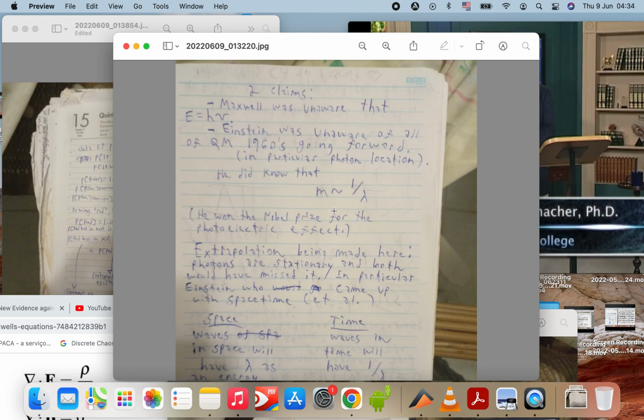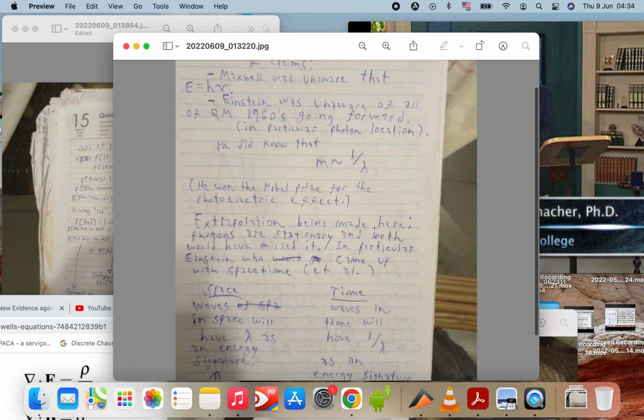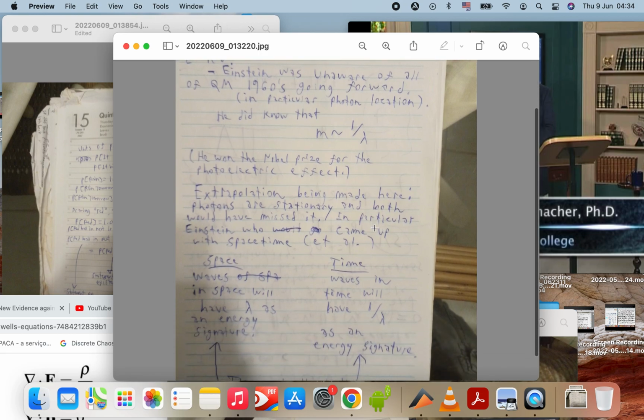I mean, that's why we're going to have to do a computational example too, because maybe what I said makes no sense. And I'm also going to go into a digression with probabilities at the end of this video. But while we're doing simpler stuff here, Einstein knew that the mass of a photon is proportional to 1 over the wavelength.